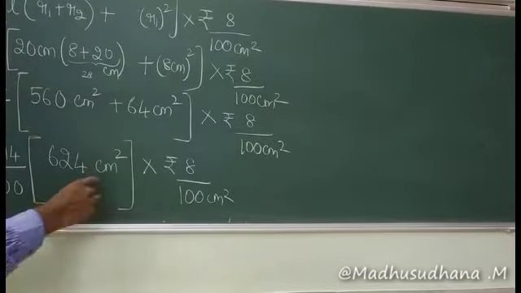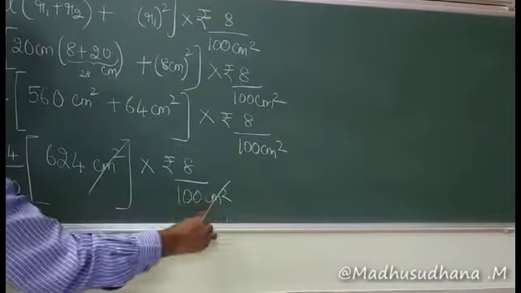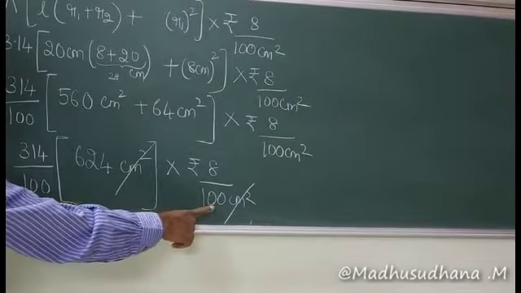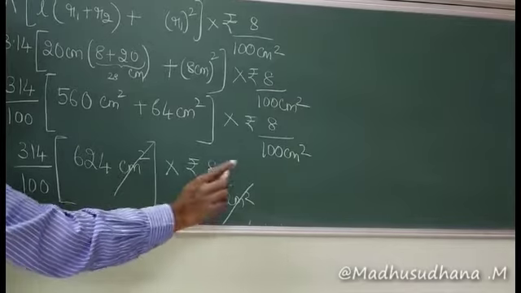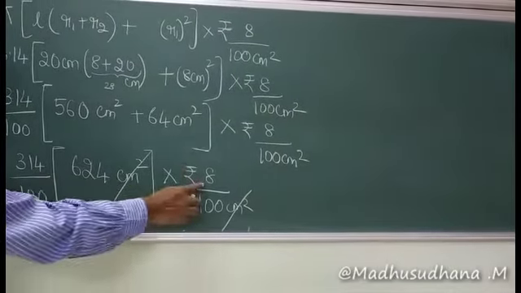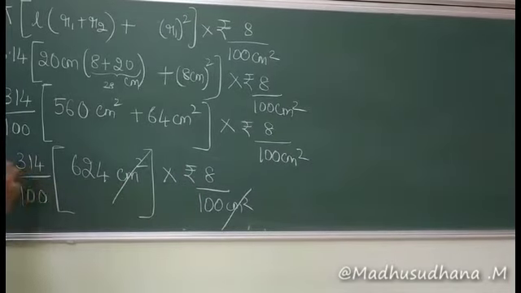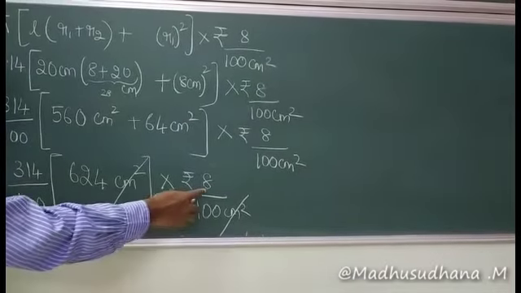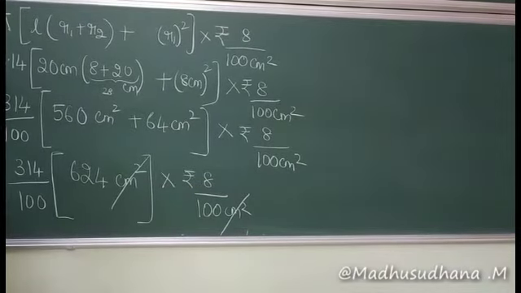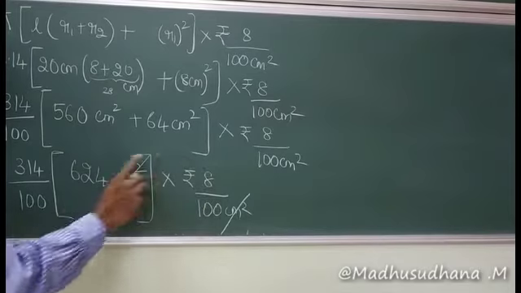So here now I can cancel the centimeter square and centimeter square. So 8 and 100. Let us not cancel this 100 and 100, let us keep that as it is. So now I will have to multiply 8, 624 and 314. If I multiply this 8, with which number? Better, I shall multiply this 8 with 624.